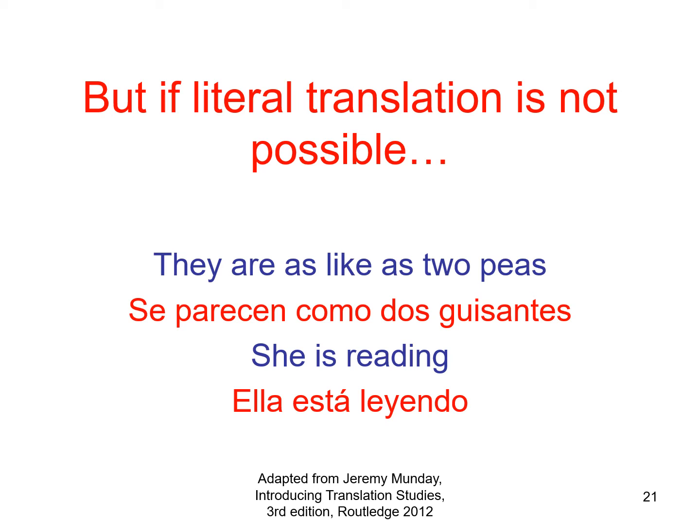And we can see that in marked language, culturally and linguistically marked language, like proverbs, they are as like as two peas, se parecen como dos guisantes, that literal translation would not have the same equivalent effect in the target readers. She is reading, ella está leyendo. So sometimes it works, sometimes it doesn't, especially depending on what type of text or language of segments we're translating, the type of text, the type of language pairs.